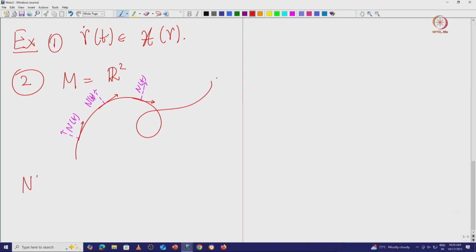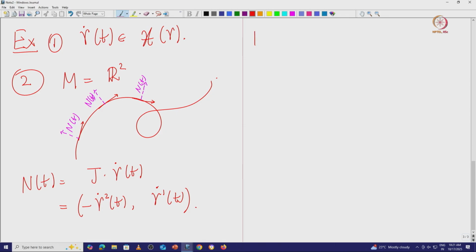So n of t is this counterclockwise rotation of the velocity vector. In coordinates, this is minus gamma 2 dot of t comma gamma 1 dot of t. That's another example of a vector field along a curve.